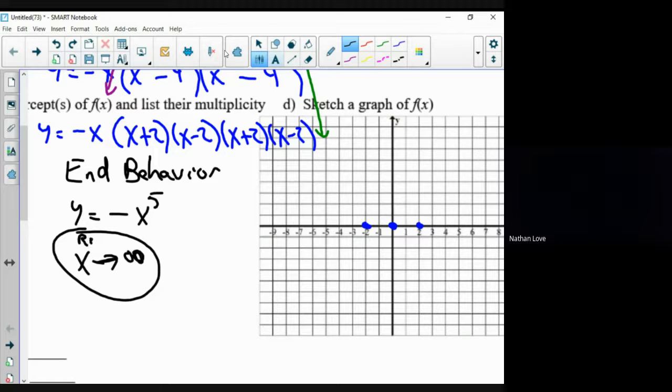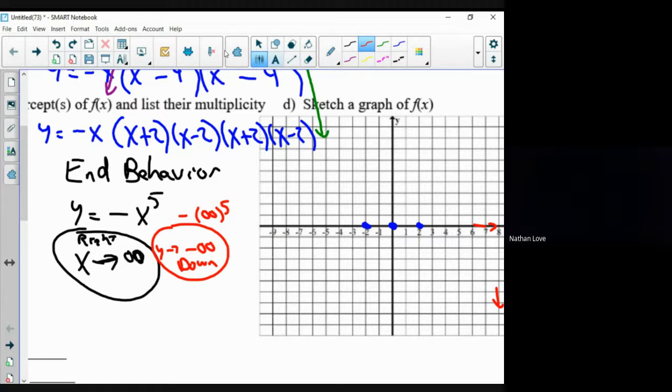That's going right. As this is going to the right, what is happening with our function? If I throw infinity in here and I go negative, infinity to the 5th power, I get negative infinity, which means the y's are approaching which direction? Down. So this function is going down.